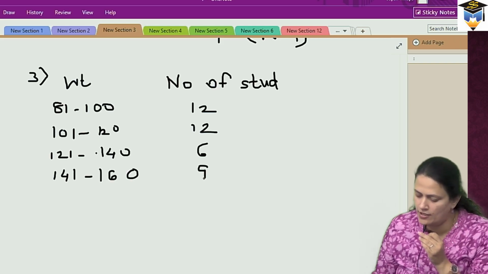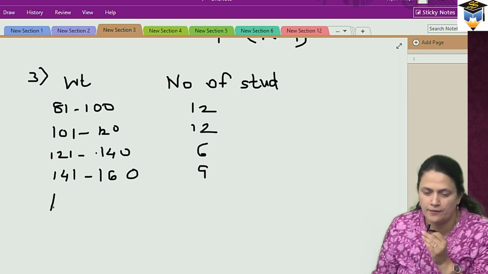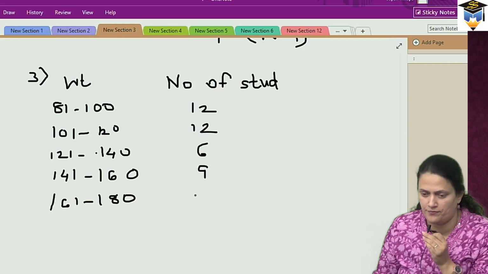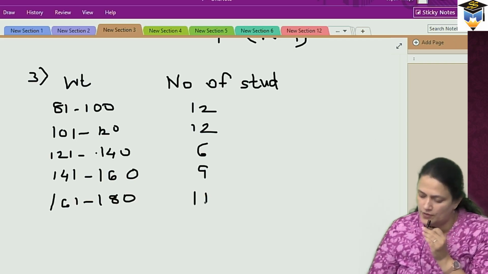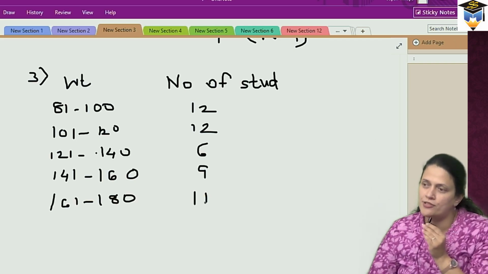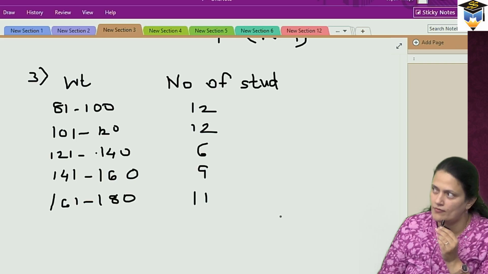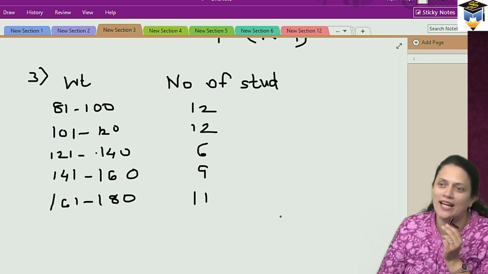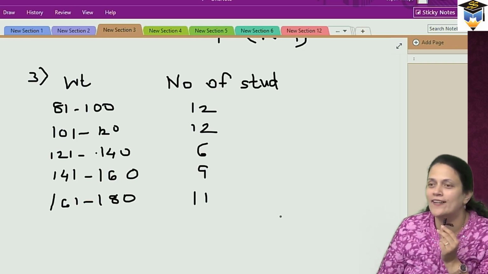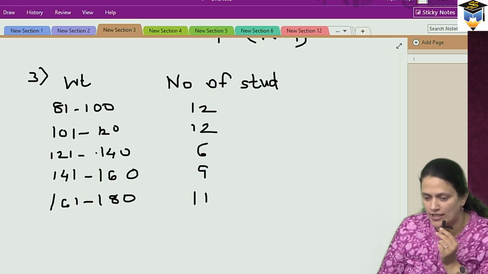That's correct. 161 to 180. Okay. So which is the correct option? D is the correct option. Good. I hope everybody can count and do the counting correctly. Please do not make any mistake over there. Otherwise your answer will be wrong.